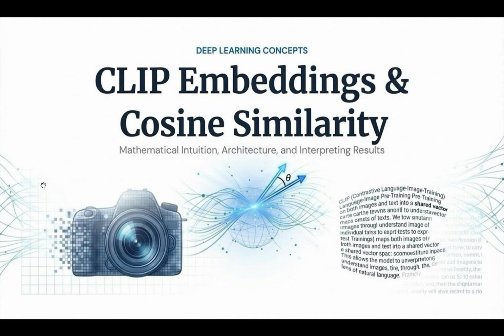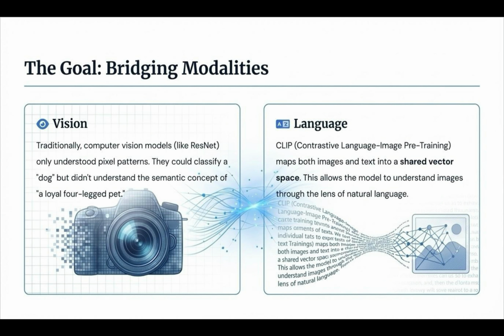First, we will explain the CLIP embeddings and cosine similarity. So how does it work? Computer vision models like ResNet only understand pixel patterns. They could classify a dog, but did not understand the semantic concept of a loyal four-legged pet.